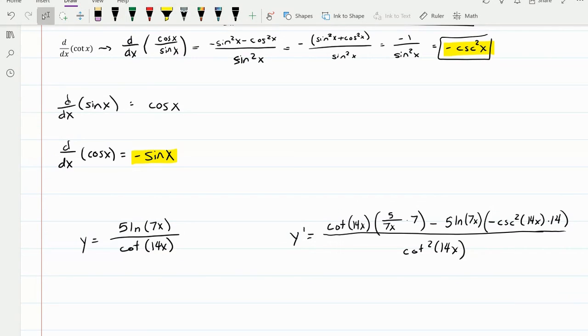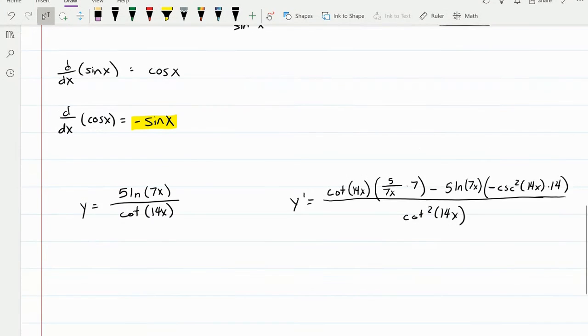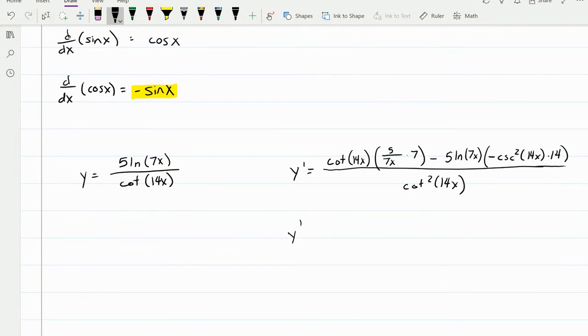So this is a great start. It is not yet completely simplified, so we're going to go through a couple of simplifying steps here.